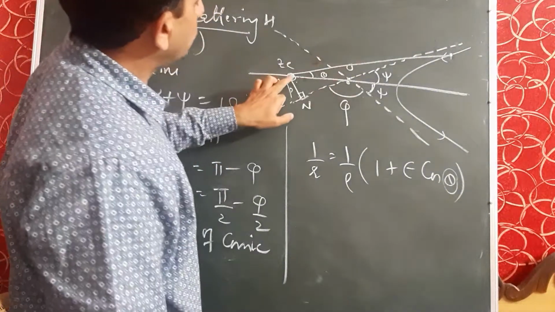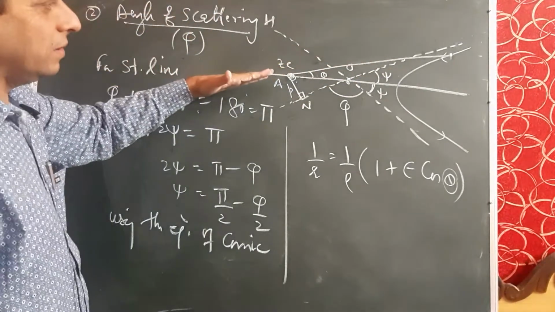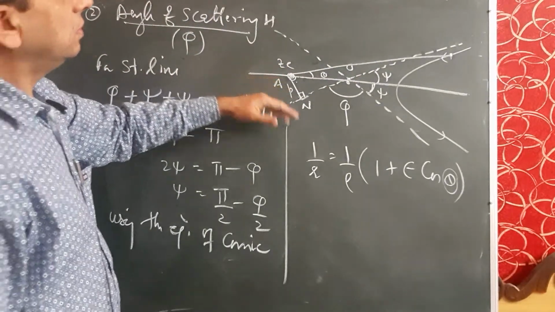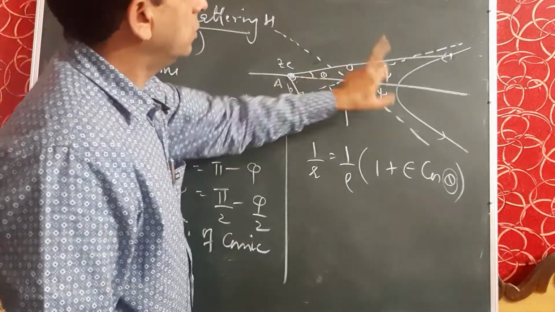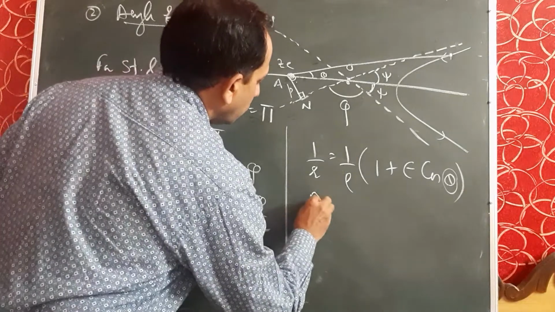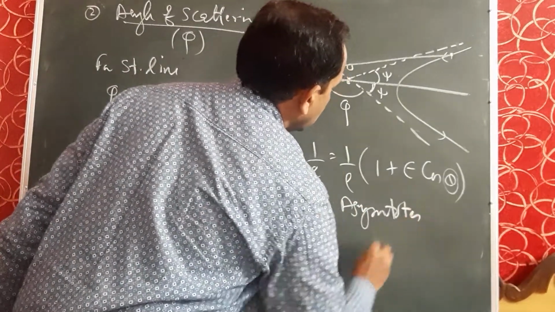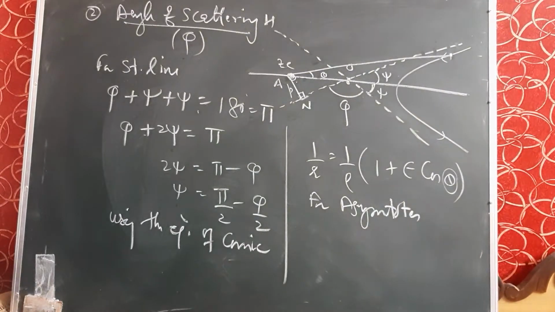When this point is very far, then both lines become parallel, and in that case theta becomes psi. Asymptotes are the lines which meet at infinity.